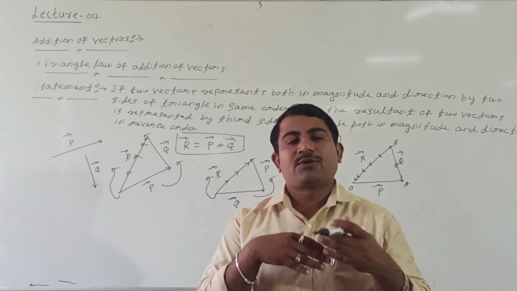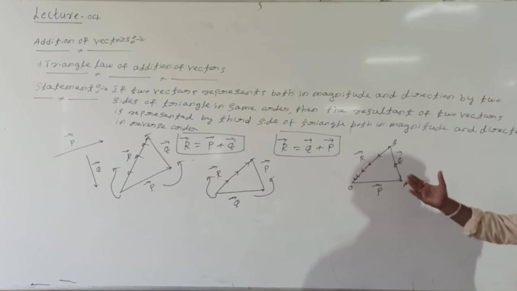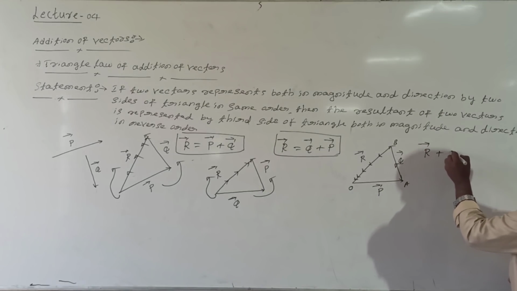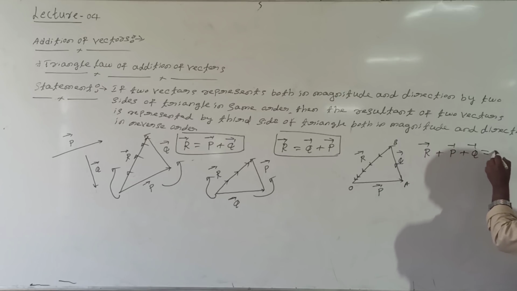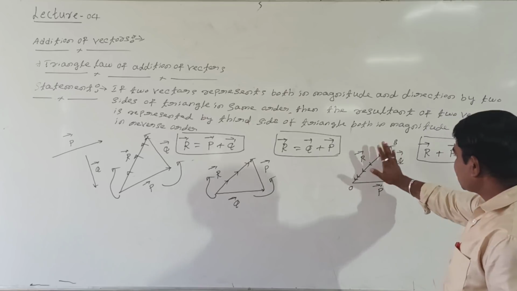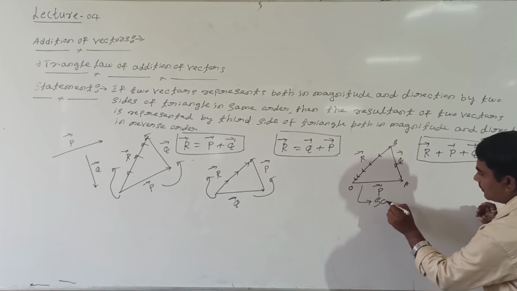I mean the total vector sum is 0. Sum is 0 means we write vector R plus vector P plus vector Q must be equal to 0. If three vectors are all in the same order, their sum is zero.